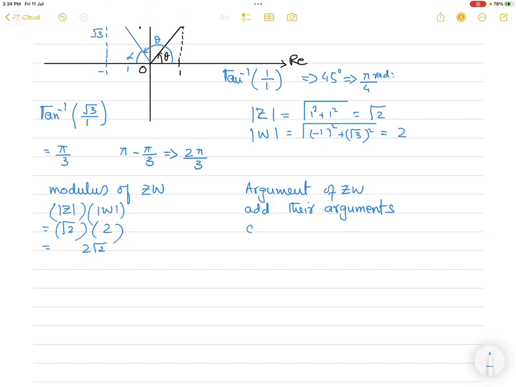Argument of z plus argument of w. Argument of z was pi by 4, and argument of w was 2 pi by 3, which gives us 11 pi by 12.